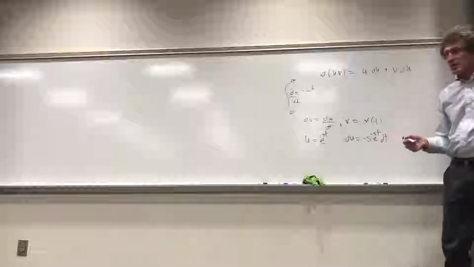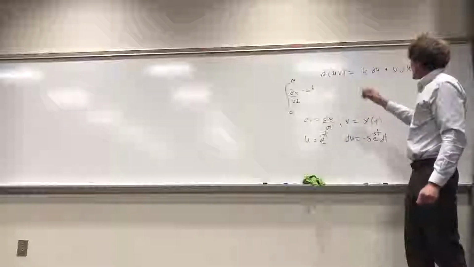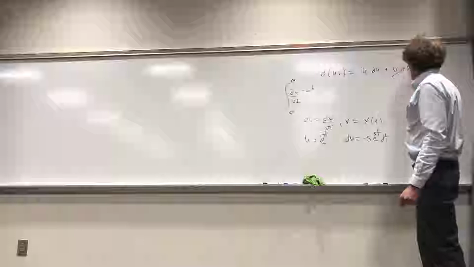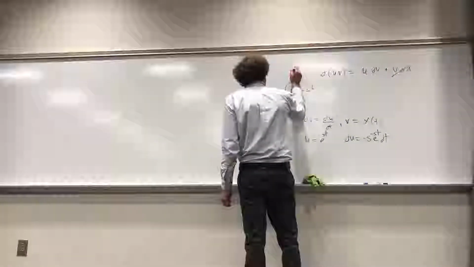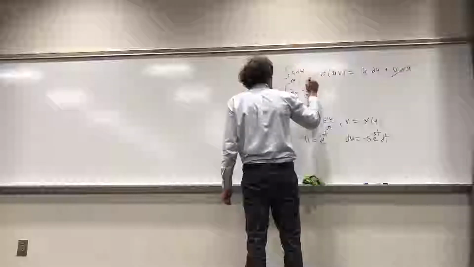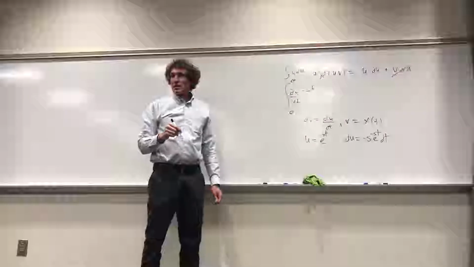I'm just doing this for completeness. Now, this is a u dv integration right here. It's like u dv, so if I want to solve that, I would take this to the other side, have minus the integral of v du, and it would be plus the integral of that. Correct, class? Just for completeness.